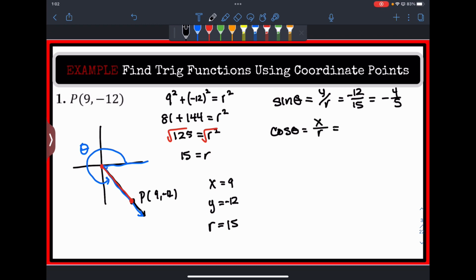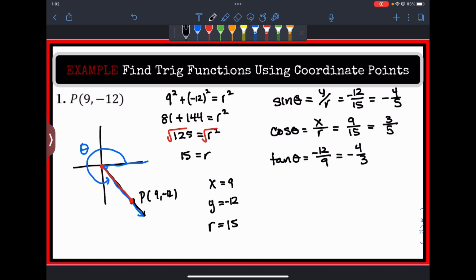So x is 9, r is 15, and since this also has a common factor of 3, that reduces to positive 3 over 5. And tangent of theta divides the y coordinate by the x coordinate. And again, we have a common factor of 3, and we end up with negative 4 over 3.